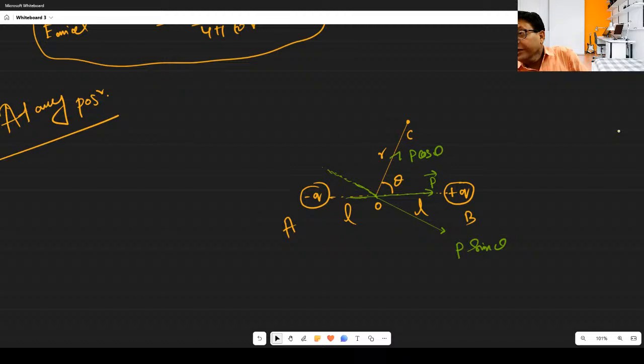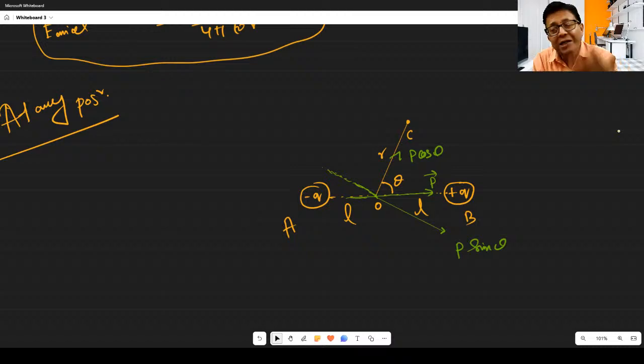But how does it help? This P sin theta, and C, you compare the position. A dipole, what you have seen? There is a dipole, along the right bisector there is a point. There is a dipole, on the axial position there is a point.